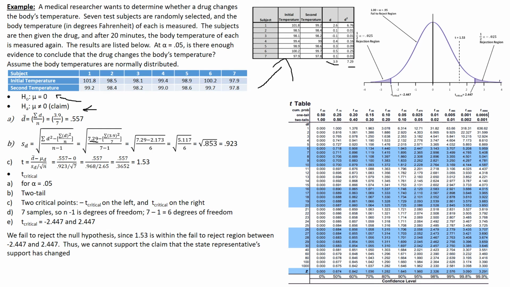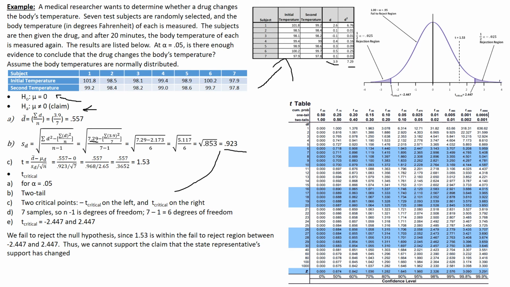Plug it in. 7.29 minus my sum of D, 3.9, squared, divided by 7. That ends up being 7.29 minus 2.173, which is 5.117. In the denominator, I got 7 samples minus 1 is 6. 5.117 over 6 is 0.853, square root. That's 0.923.